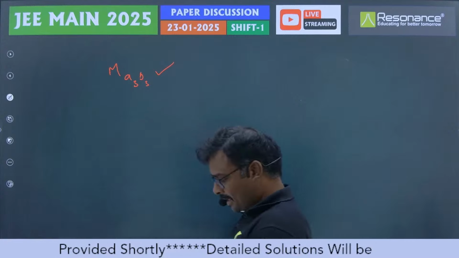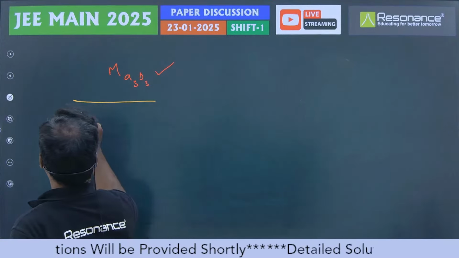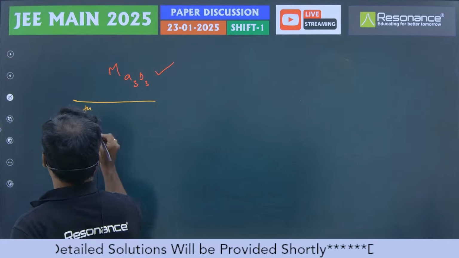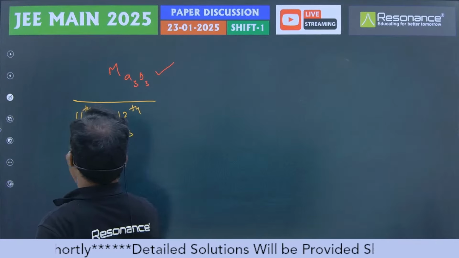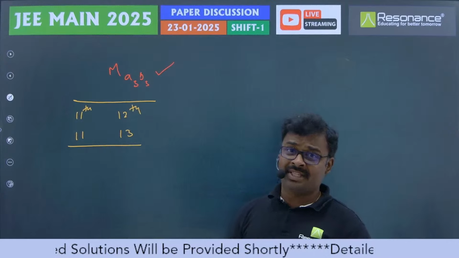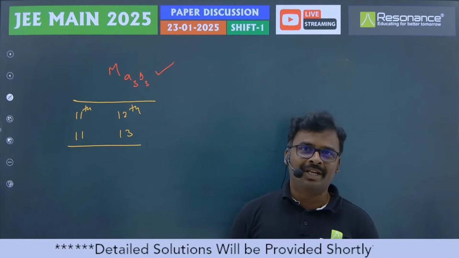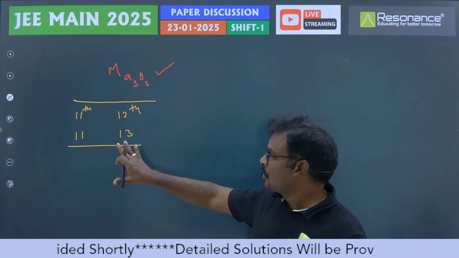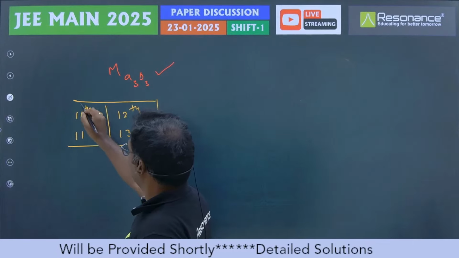From 11th standard we have got 11 questions, and from 12th standard we have got 13 questions. That means the data we have received till now is for 24 questions only; 1 question we did not receive. So this is the year wise classification we got.